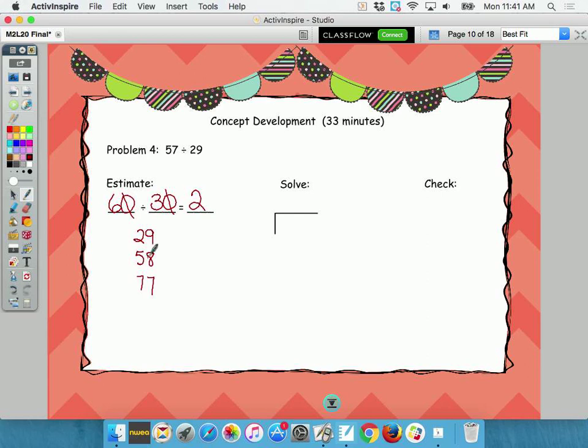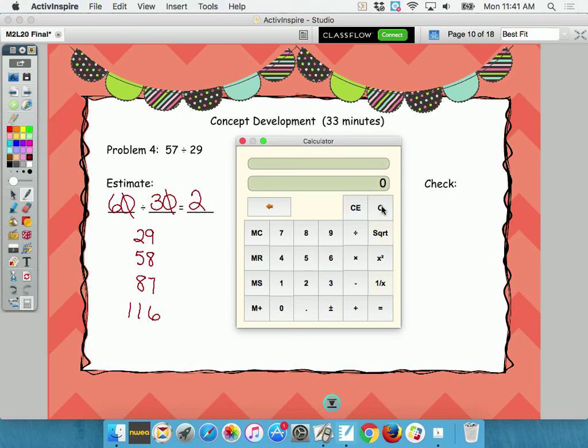No, it'd be 30, 60, whoops. That's 87, isn't it? 30, 60, 90, 120, so it'd be 116. Somebody check me and see if that's right. I did not get that. Well, then maybe I did it wrong. 58, you're good. 87, oh, 116.